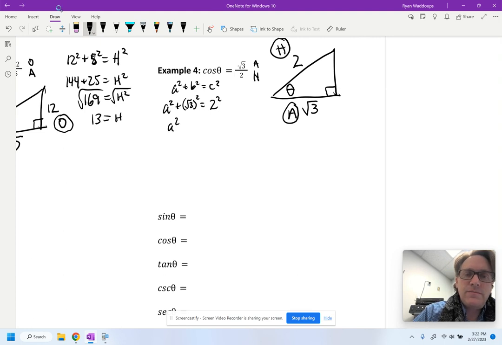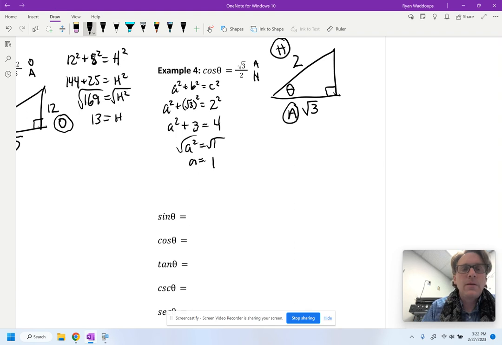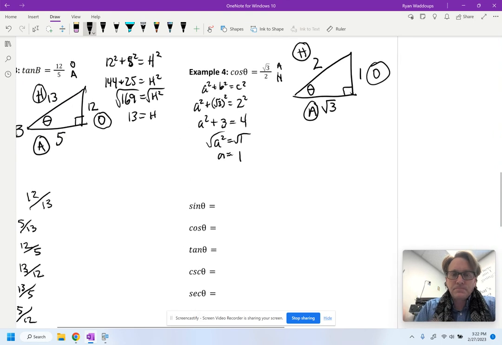We got a squared plus 3 equals 4. A squared equals 1. Take the square root of both sides. A equals 1. All right. So this is 1, and we're going to label it as O for opposite.